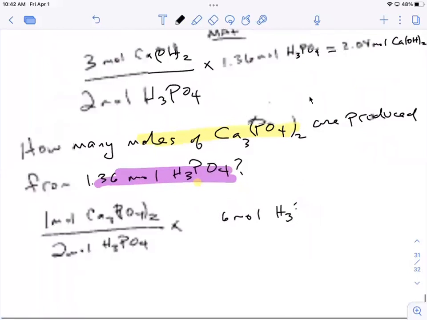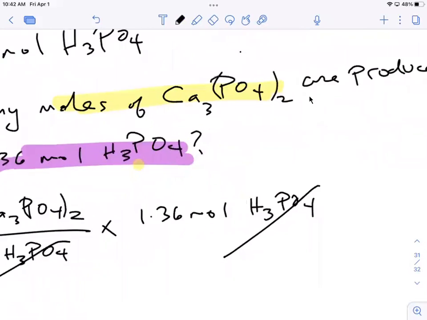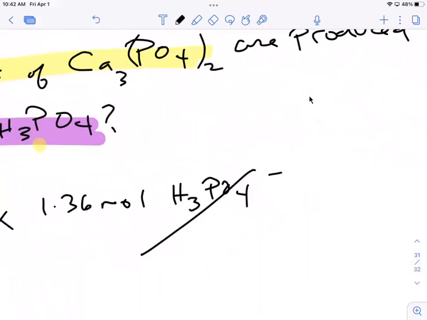Right? So I'm trying to get rid of phosphoric acid and solve for calcium phosphate. So this is how I do it. Right? So that's just going to be what? 1.36 divided by 2. Right? So when I use this amount of phosphoric acid, I'm going to generate this amount of calcium phosphate.